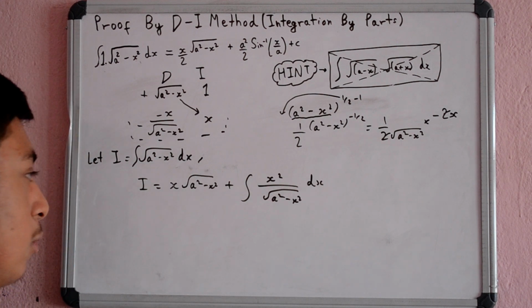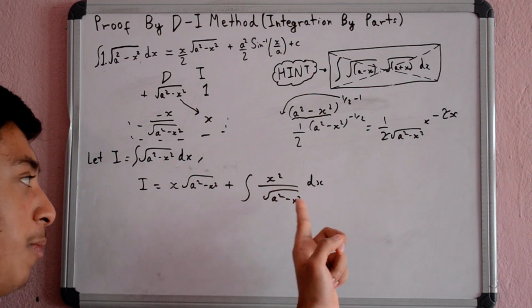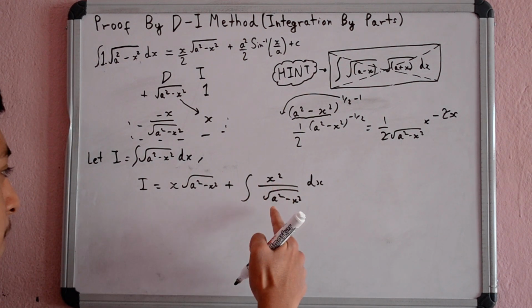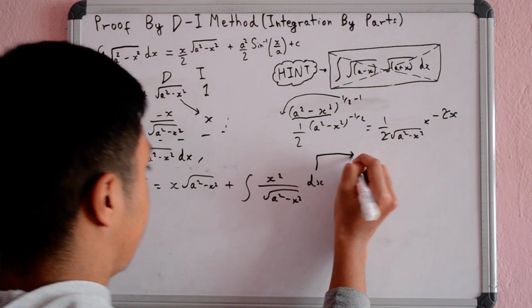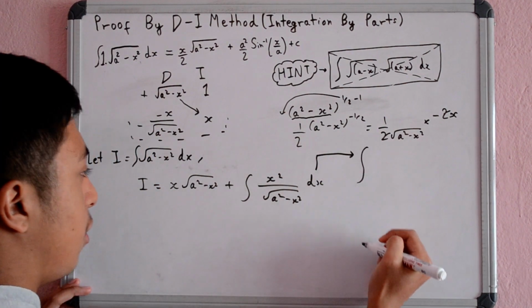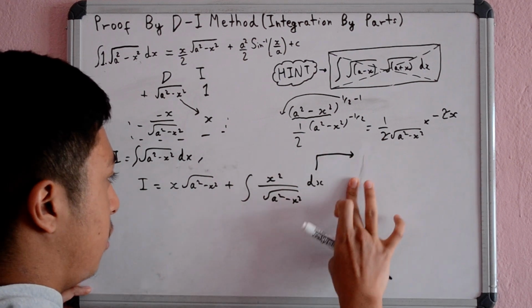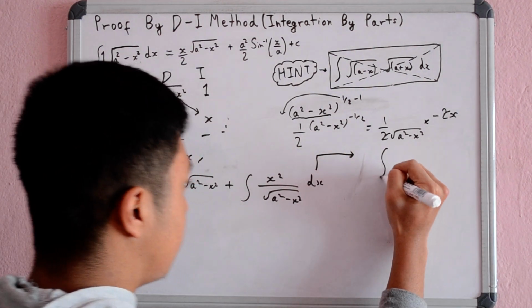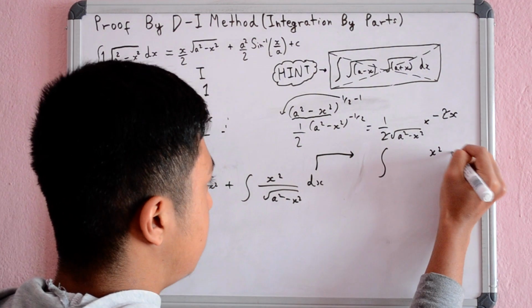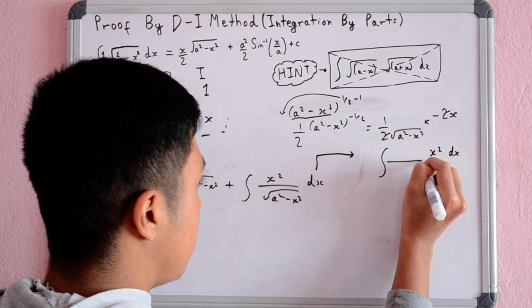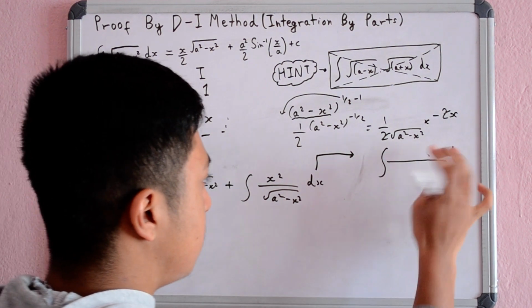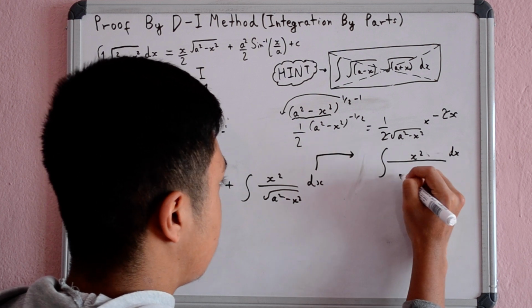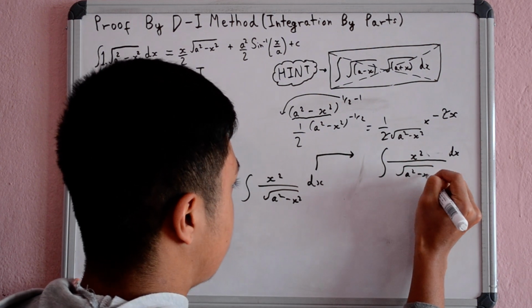Now, we just need to find the integration of this part. So let's do it right over here. The integration of x square dx by root a square minus x square.